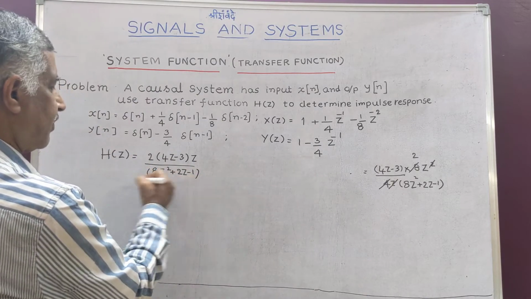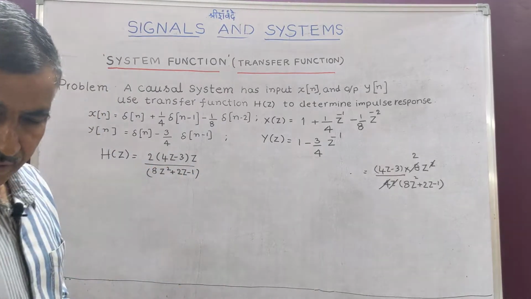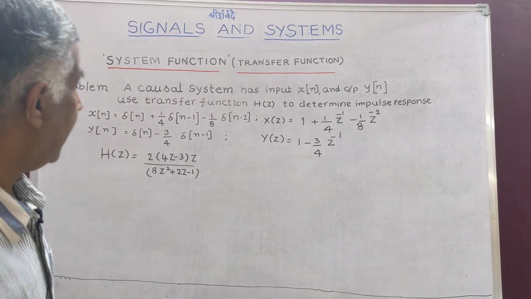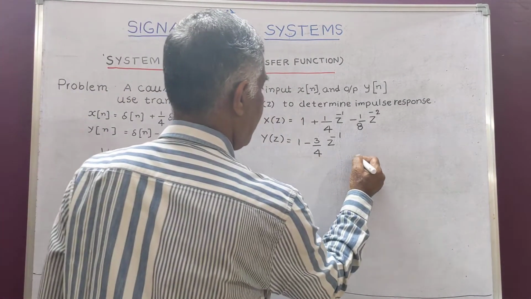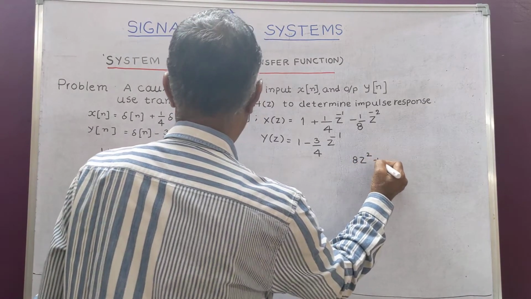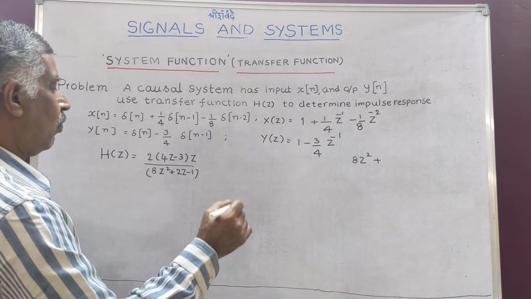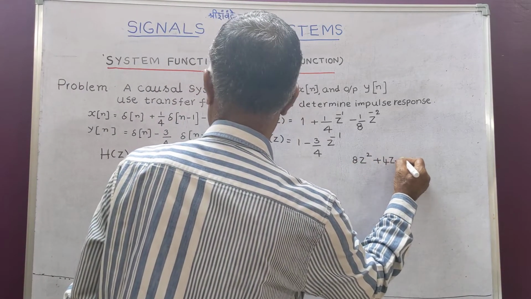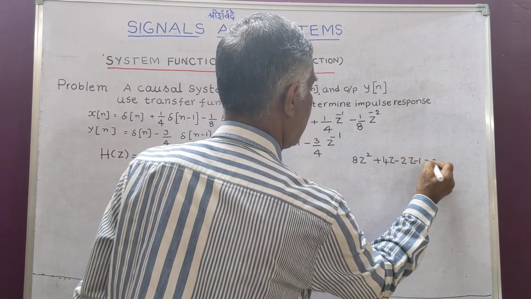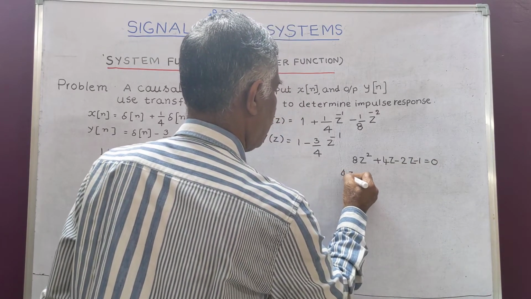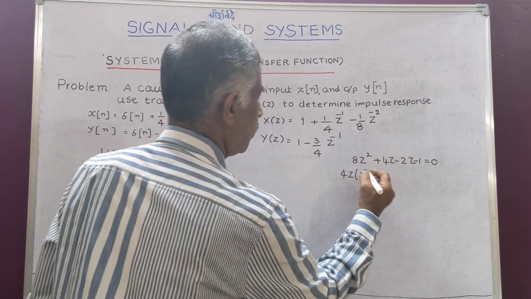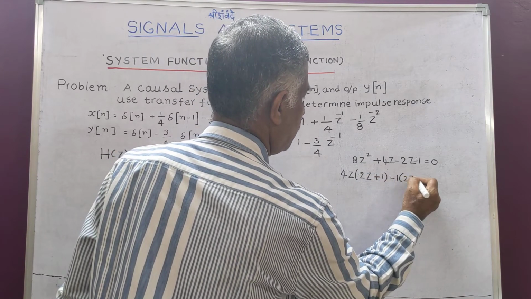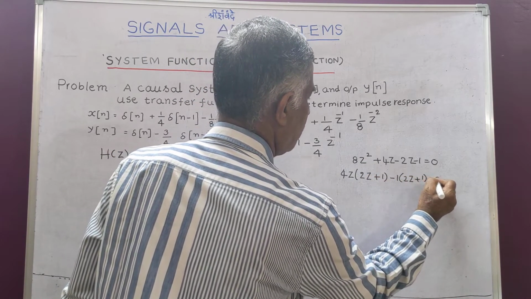Now let us factorize the denominator. Factorizing the denominator, we get 8z square plus 2z minus 1 equal to 0; 8 into 1 is 8, 4 minus 2, so 4z minus 2z minus 1 equal to 0, 4z into (2z plus 1) minus 1 into (2z plus 1) equal to 0.